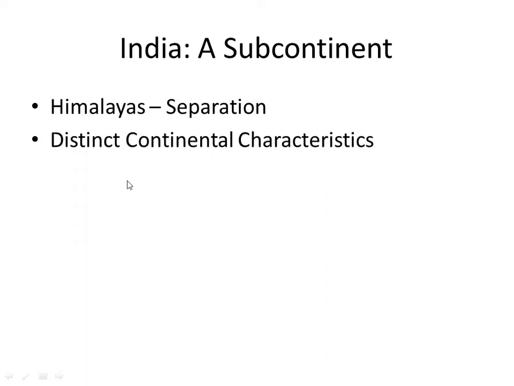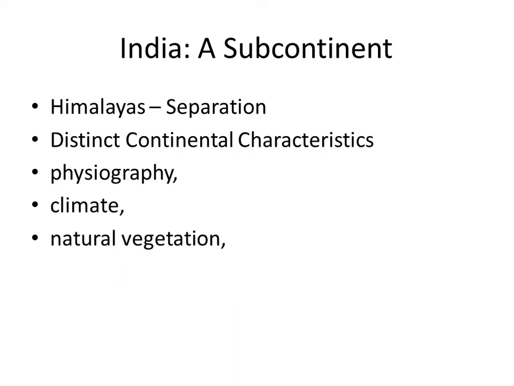And it is distinct. What are the distinct continental characteristics? Physiography. We have different kinds of physical features: mountains, plateaus, plains, deserts, coastal plains. Usually a continent has different kinds of climate, forest cover, that is natural vegetation, mineral deposits, and people.